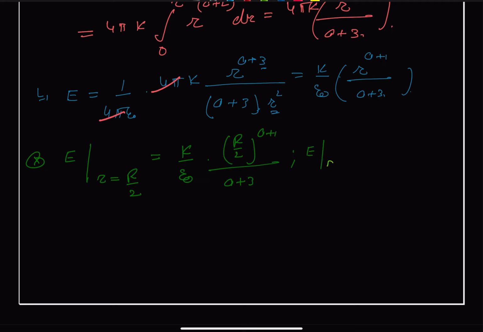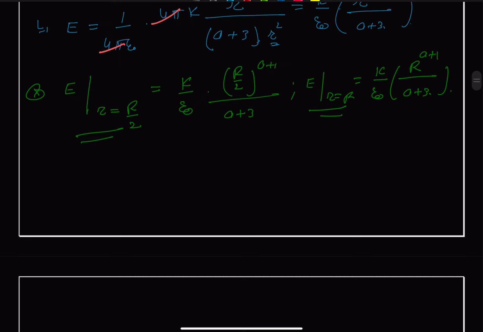The electric field at r equal to capital R will be coming as k upon epsilon naught, and this comes as R to the power (a plus 1) divided by (a plus 3), and the relationship between the two is 1/8.